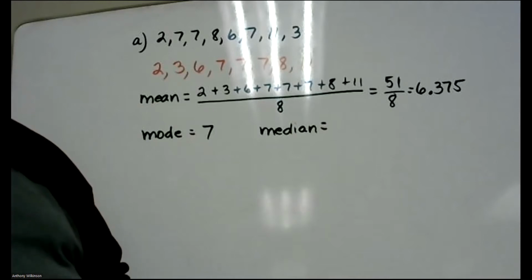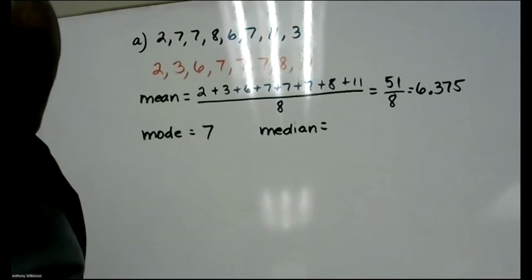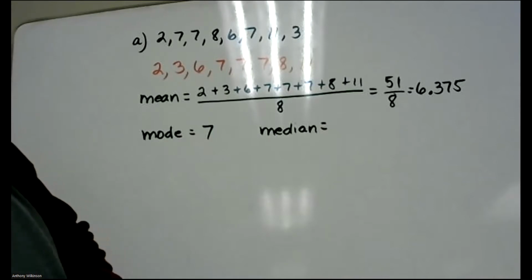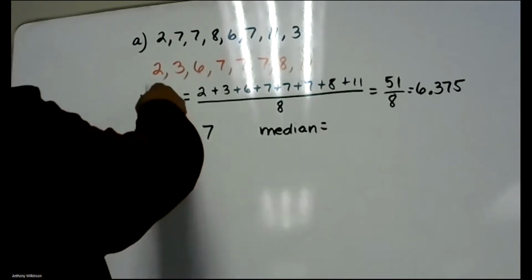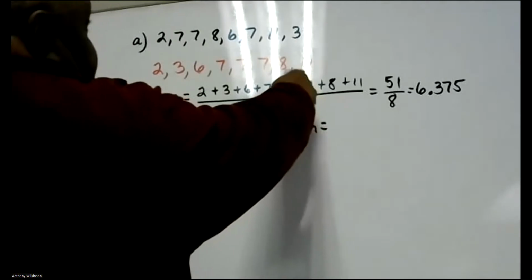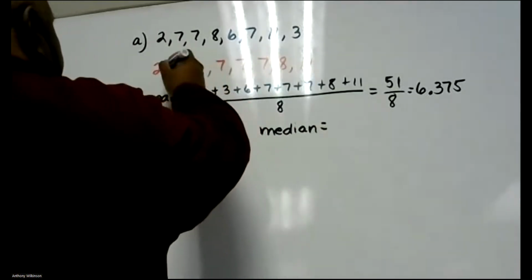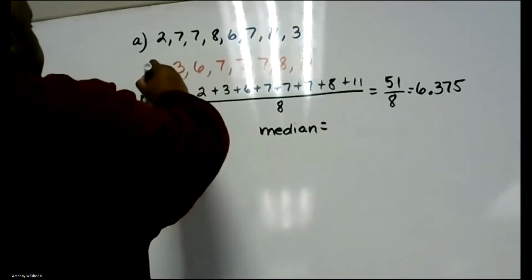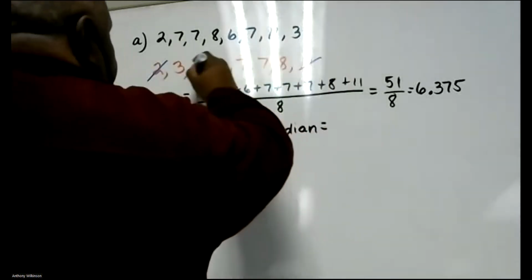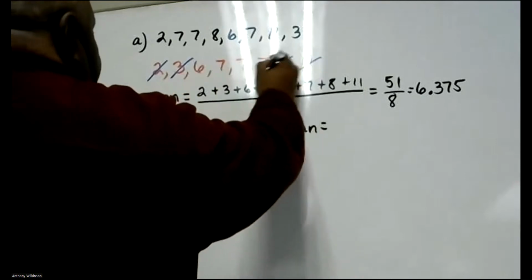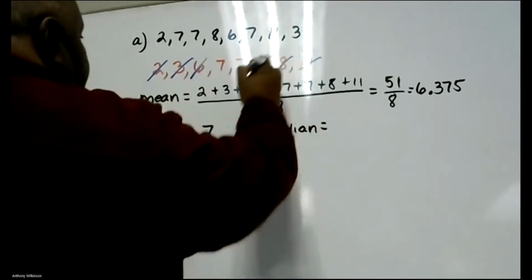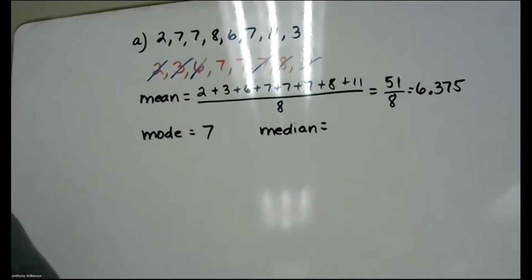Now, the way you can identify the median of a data set would be this. What I would do here is cross out the data values. If it's in numerical order, you can cross out the data values on the left and the right side, and keep doing that until you get to your middle number or the 2 middle numbers. And in this case, it's 7 and 7.